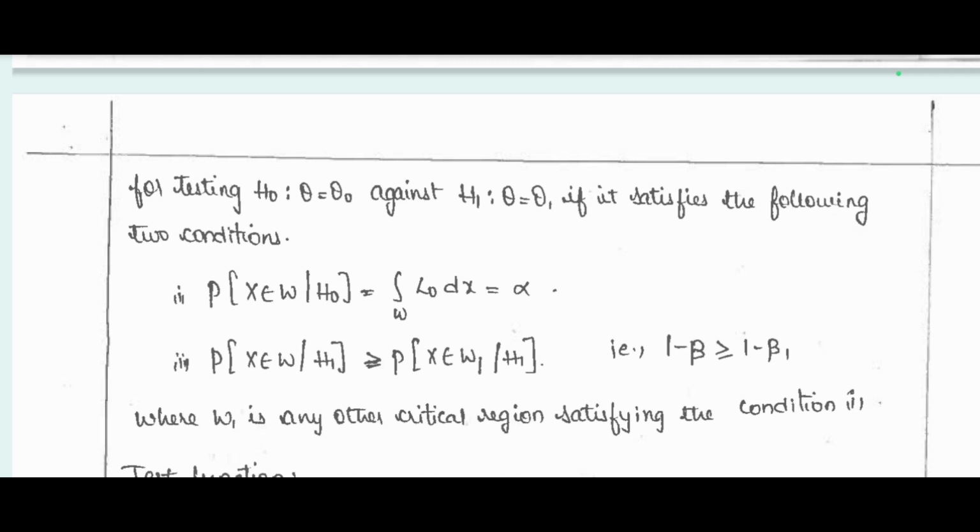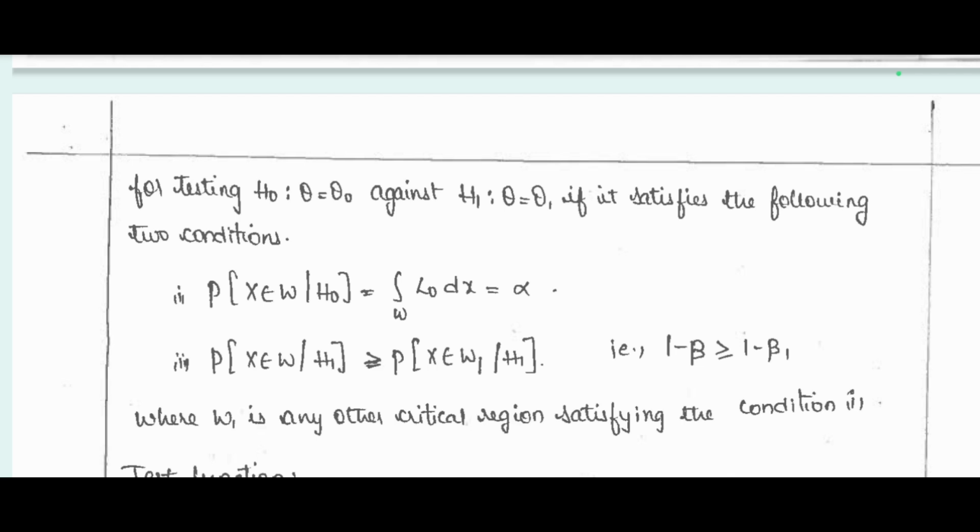What is the condition? The first condition is that the probability of x belonging to W under H naught, that is the integral of L naught, equals alpha. Next, it is more powerful than any other critical region of the same size.